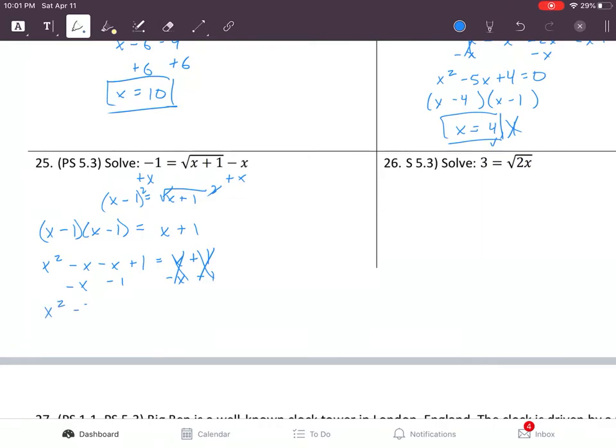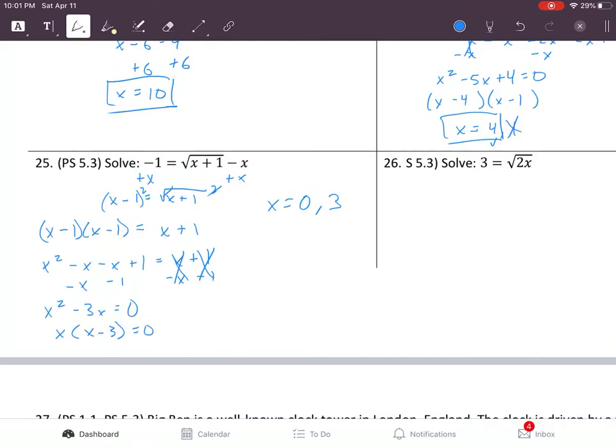So we have x squared minus 3x equals 0, because the ones cancel out. If we factor this, we have x and x minus 3. So x will equal two things. X will equal 0, and it equals positive 3.